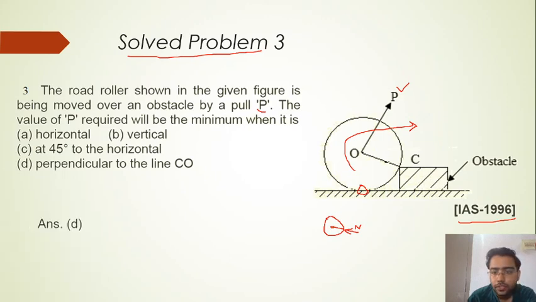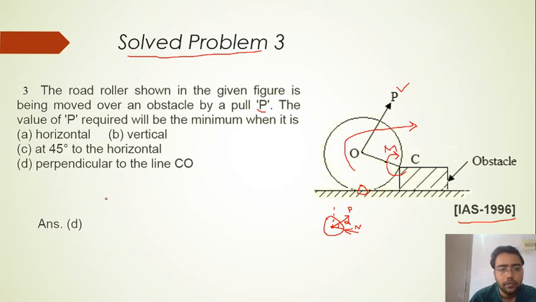Let me take an arbitrary direction. I will assume this force acts in this direction, with the y direction perpendicular and the x direction, and here we have this alpha. This is P. Since we are rolling this roller about point C, we have to find the moment about point C only.